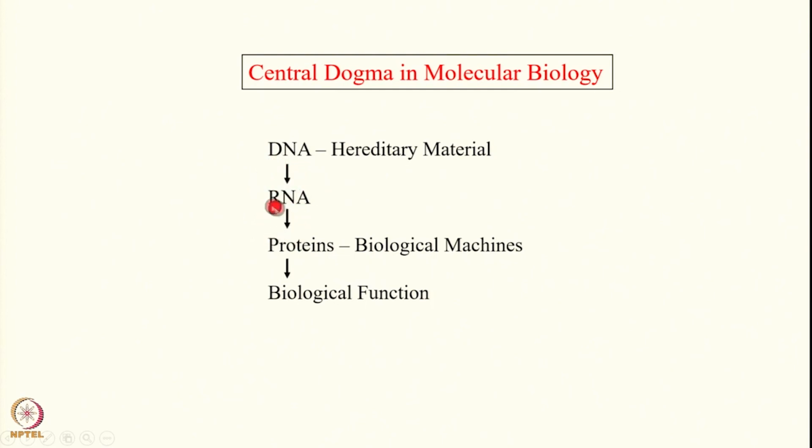We will describe that a little bit later, and those segments which are transcribed are called the genes in the DNA, and then they form RNA, and this comes as what is called the messenger RNA. This process is known as transcription.